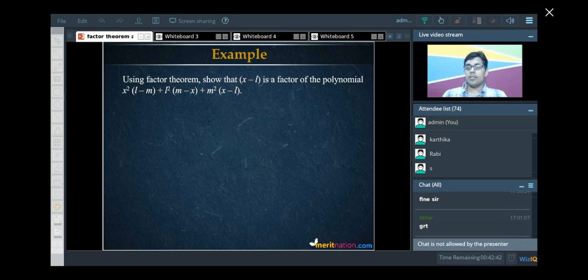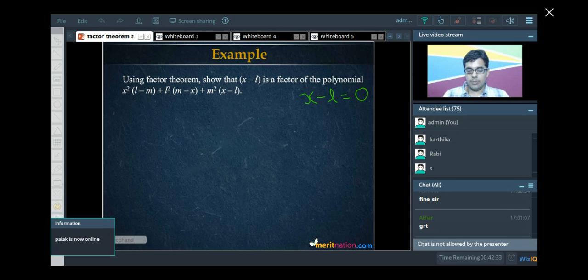So, by putting the divisor x minus L as 0, x is coming out to be L. Now, putting the value of x as L in this given polynomial, let's check if it is coming as 0 or not. Finding p of L by substituting the value of x as L.